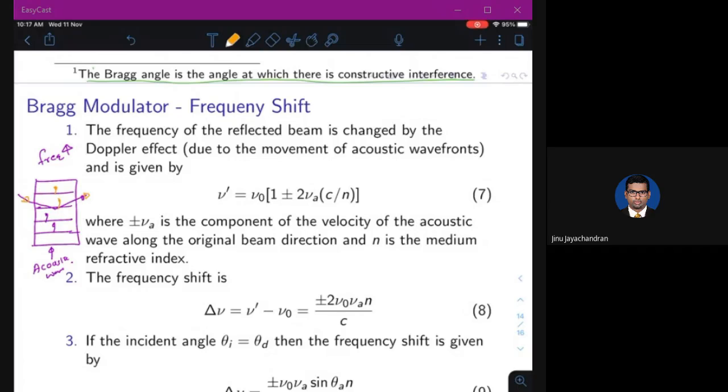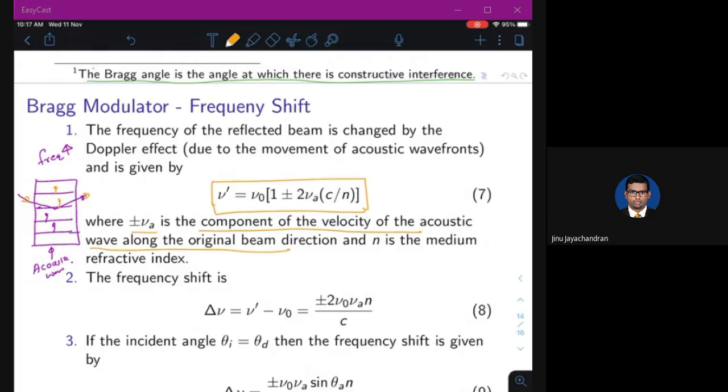This causes a Doppler effect, and the new frequency is given by nu dash is equal to nu 0 into 1 plus or minus 2 nu a by c n, where plus or minus nu a is the component of velocity of the acoustic wave along the original beam direction.